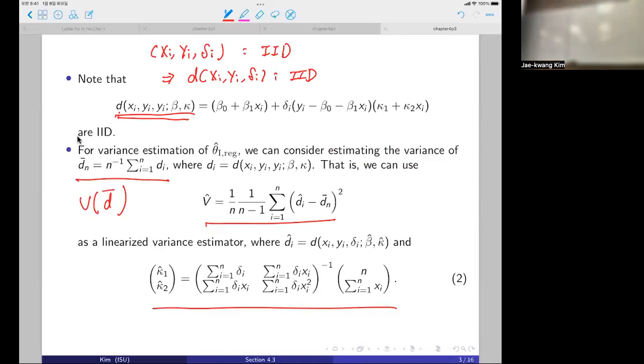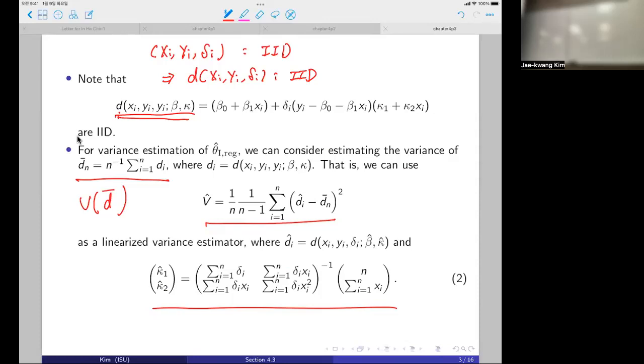Go ahead. These are pretty common in sample survey. Is that why the speaker yesterday was talking about asymptotic theories for these kinds of experiments, results from sample survey? This one has nothing to do with sampling, right? No, but we see these kinds of estimators in sample survey, the estimate of the variance.